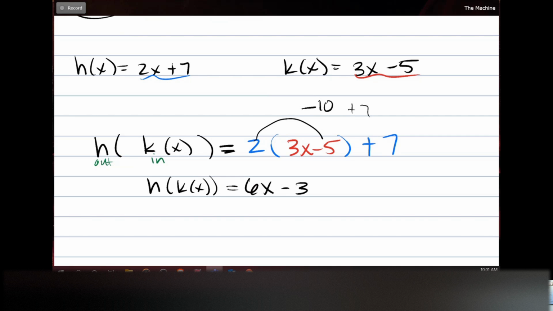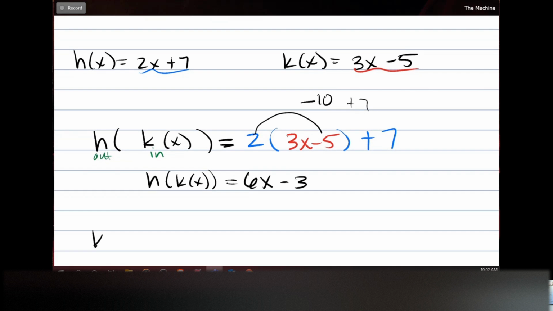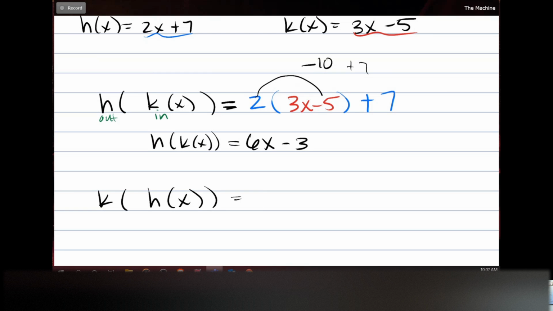Now, another one would be k of h of x. So what's the k function? It's 3 times an input minus 5. What's going to be my input? The input's going to be 2x plus 7.